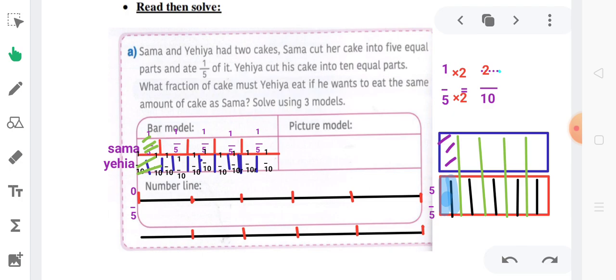Here each dot represents a fifth: 1/5, 2/5, 3/5, 4/5, and the last one is 5/5. Here I'm going to cut each part into 2 equal pieces in order to form tenths.